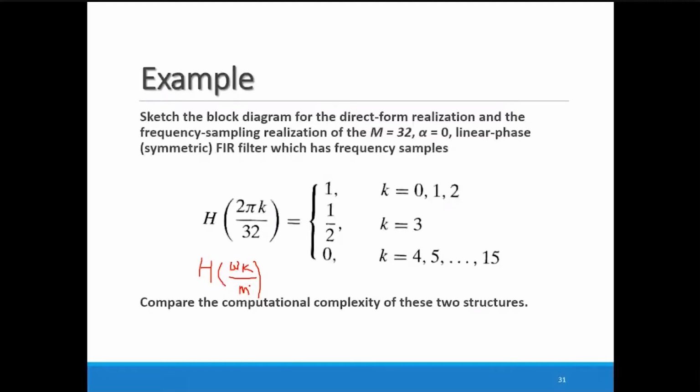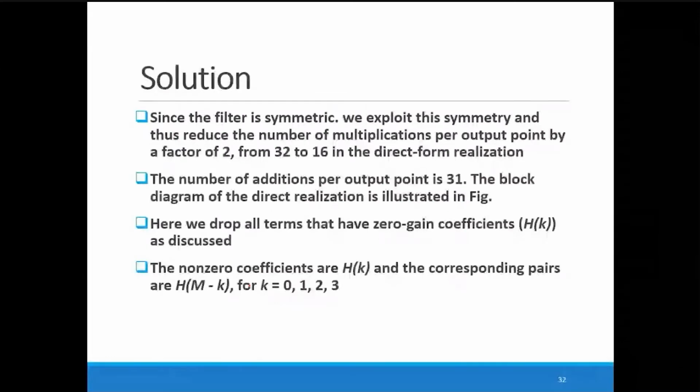In a linear phase or symmetrical filter, what happens? After the exact half point, you get the same points. Here M is equal to 32, so after every 16 points you get the same repetition. So the number of multiplications per output point can be reduced by a factor of 2, from 32 to 16, in the direct form realization for this symmetrical filter.